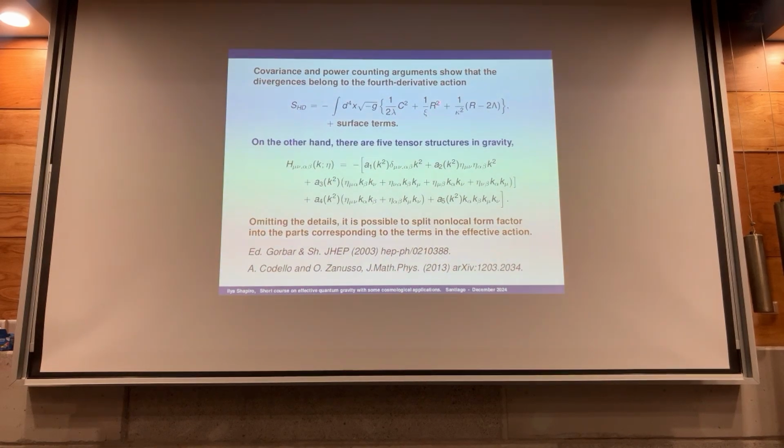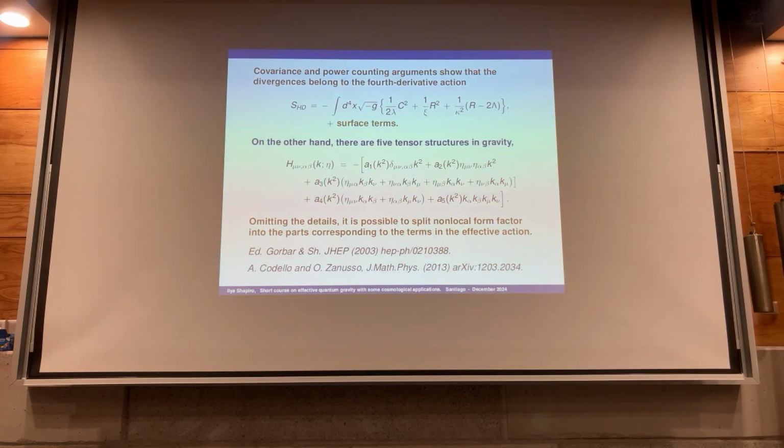It's interesting that you may have any theory, like I showed you yesterday, the theory with non-localities, and you still have absolutely the same tensor structures. What changes are the functions A1, A2, A3, 4, and 5.